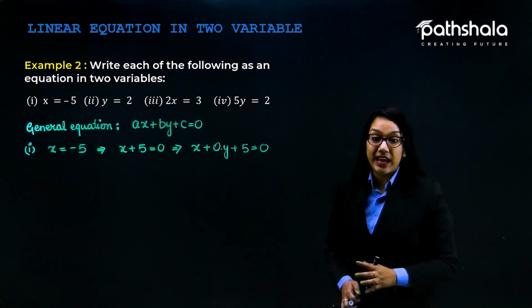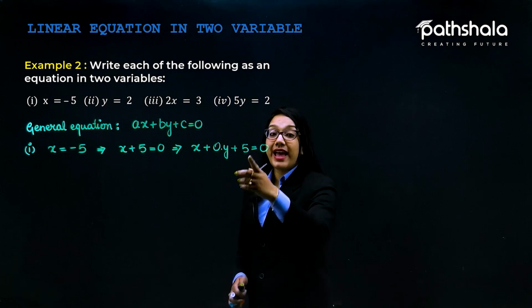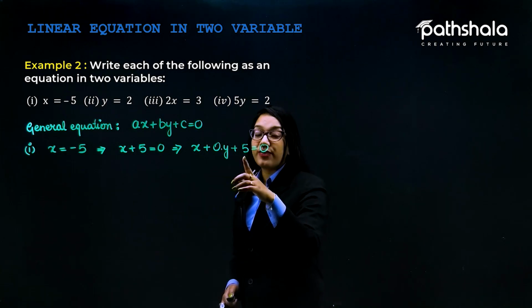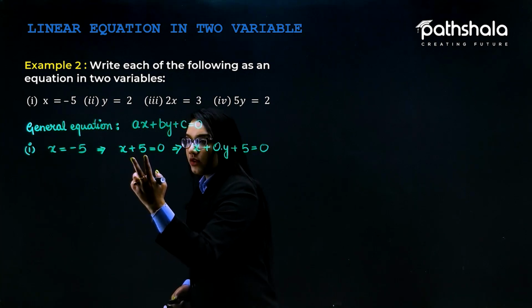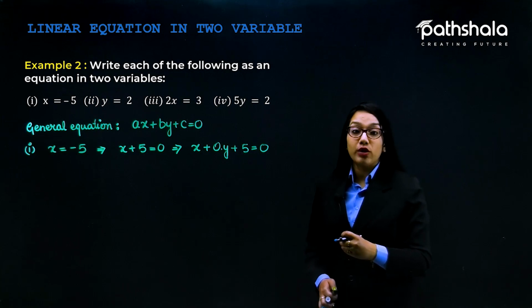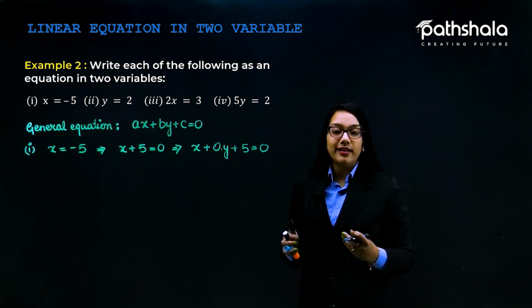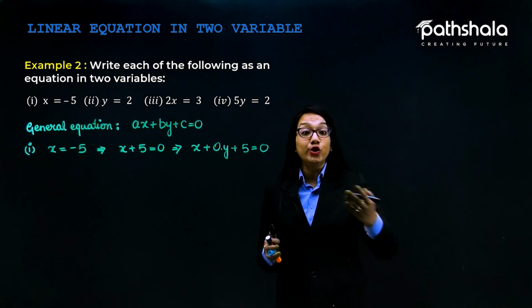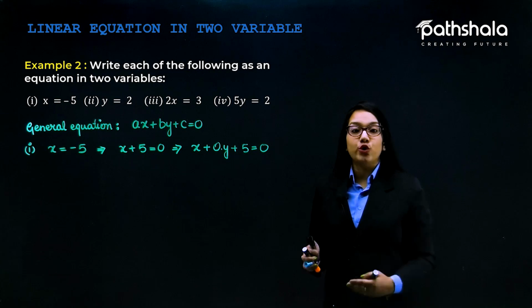They are the same. Why? Because 0 into y is again 0 and 0 plus 5 is again 5. So this equation is definitely equal to this equation. Always remember, whenever we do not have a particular variable in the equation, we can write it as 0 into the variable.